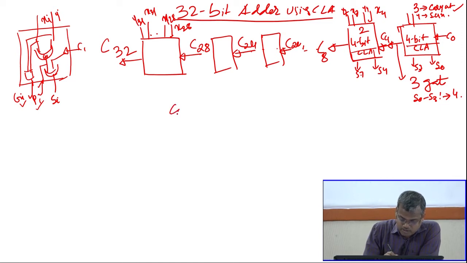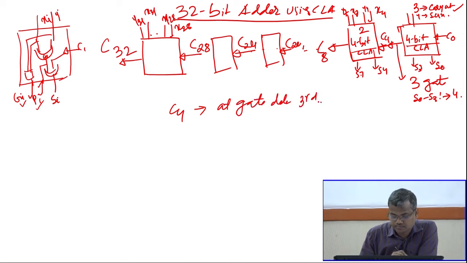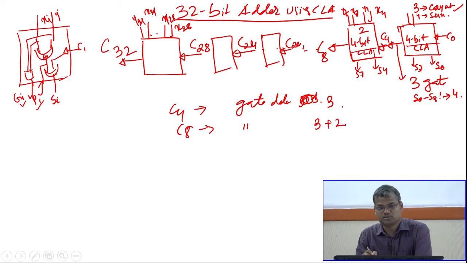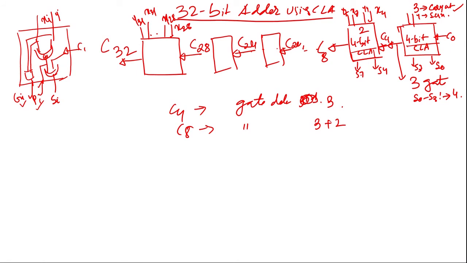So, therefore, we can write that C4 will be generated at gate delay 3, or C4 will take gate delay 3. C8 will take another 2 gate delay, because as I said GI PI are all generated, only the AND OR circuit remains.